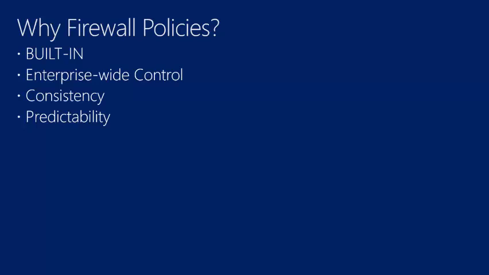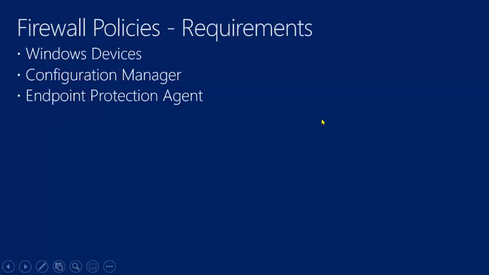Being able to consistently control how things work, so enterprise-wide control, giving that consistency and predictability when you do make these deployments. Again, just to put a teaser in there, there may be a need that you have for configuring things beyond what I'm going to show you is built into Config Manager, and you can do that, even using Config Manager. We'll talk about that in a second, right?